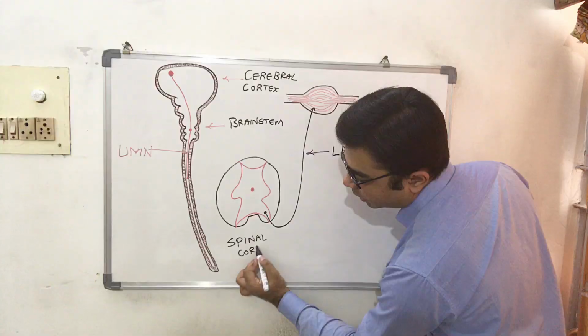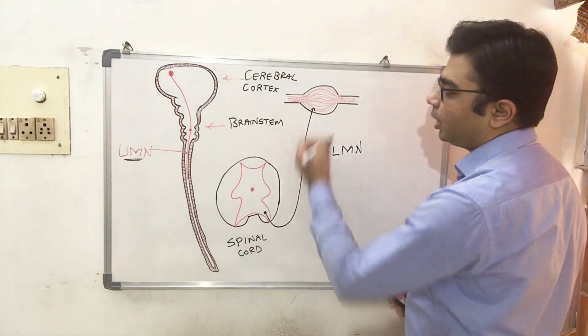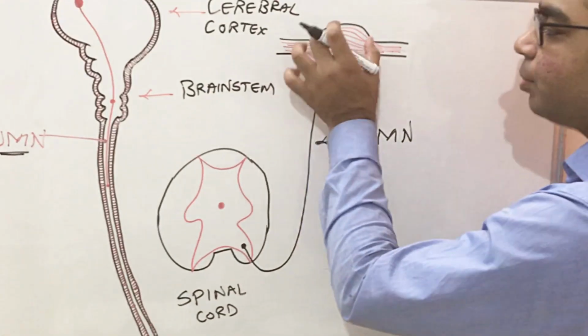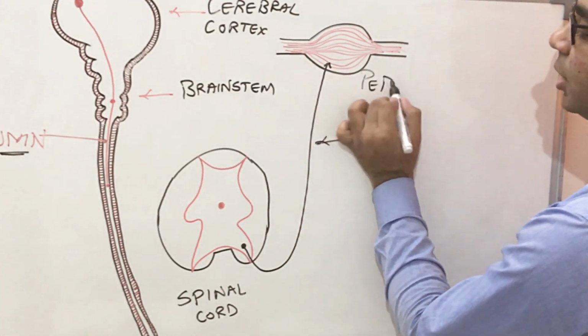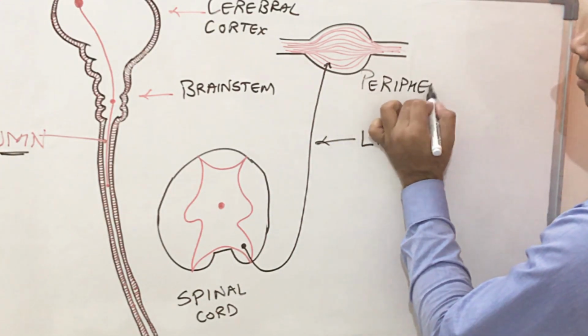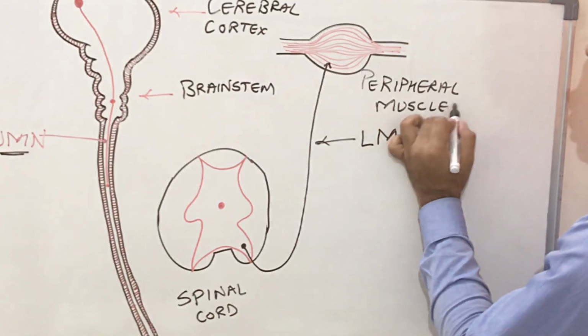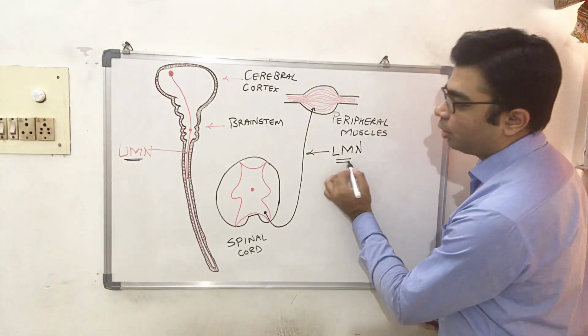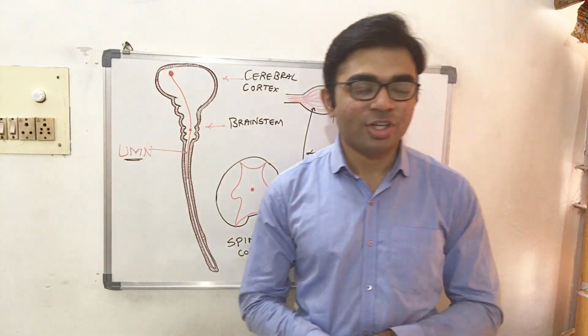That is known as an upper motor neuron. Another neuron which starts from the spinal cord and terminates by innervating the peripheral muscles is the lower motor neuron. So, a very simple concept of upper motor and lower motor neurons.